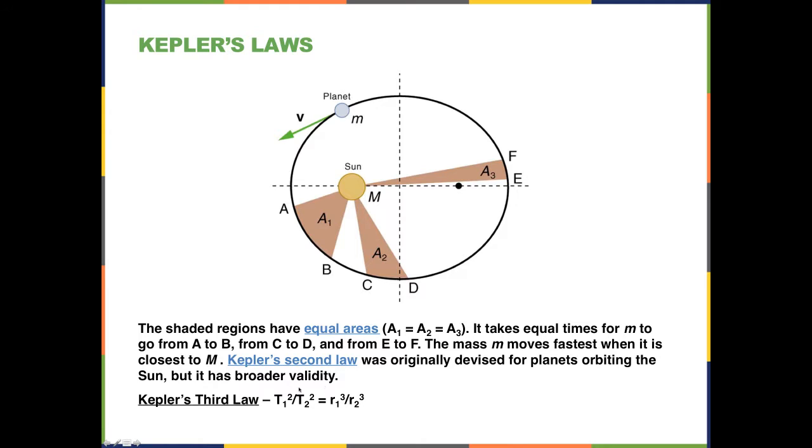So for example, if you look at the period for Mercury and the period for the Earth, how long it takes Mercury to go around the sun and how long it takes Earth to go around the sun, and you square those periods, that ratio is equal to the average radius of curvature cubed for Mercury divided by the average radius of curvature cubed of the Earth. Again, that's a very complex mathematical derivation, but it turns out to be correct.